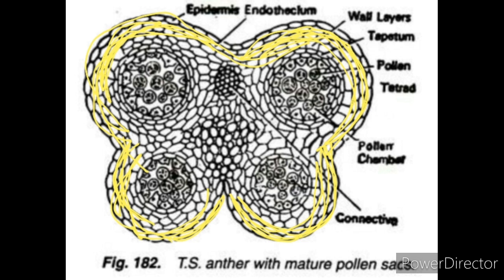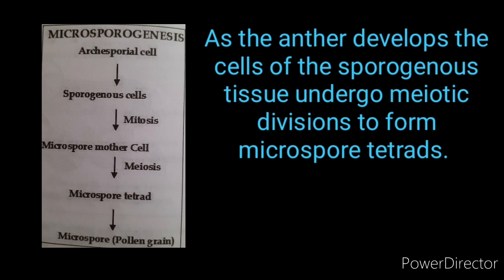Next, microsporogenesis: how the microspores are formed. As the anther develops, the cells of the sporogenous tissue undergo meiotic divisions to form microspores. 4 microspores are formed, called microspore tetrads.